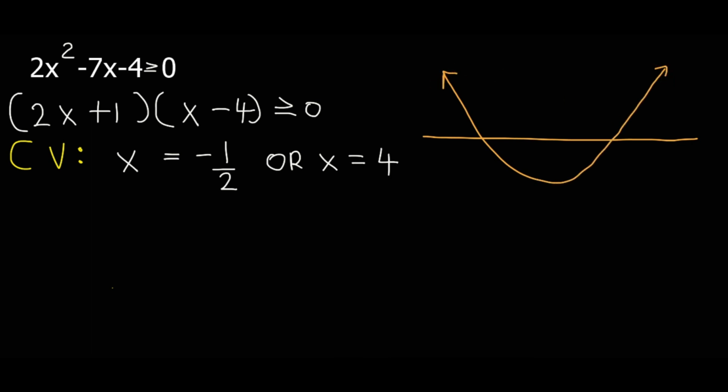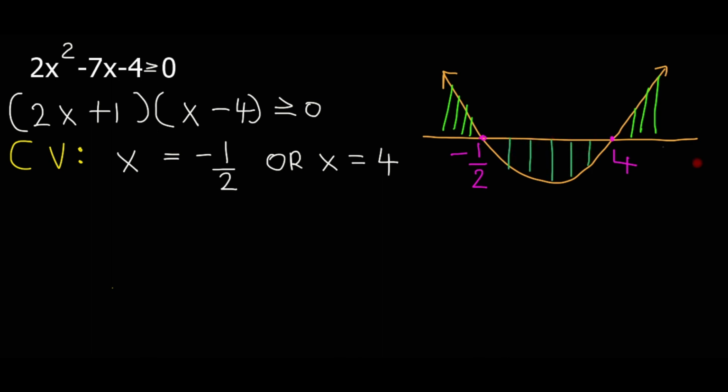And then from there we write our critical values: -half on the left hand side, and then +4. So from there we know that on the outer regions our graph is above the x-axis, and then on this region it is below the x-axis.